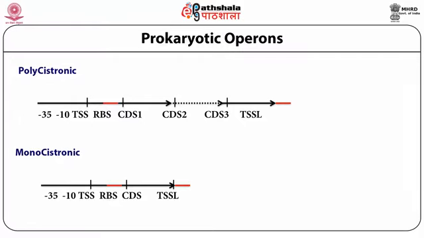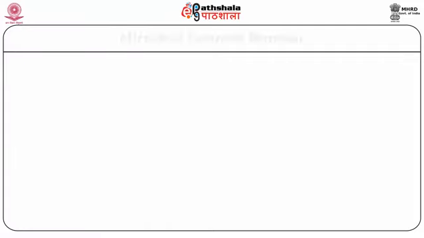In both types of operons, the encoded proteins are under the control of a common regulatory DNA sequence called promoter, having 2 boxes with conserved bases, one located at -10, that is upstream of the transcription start site, called the Pribnow box, and the second at 35 bases upstream of the transcription start site, called the TTGACA box.